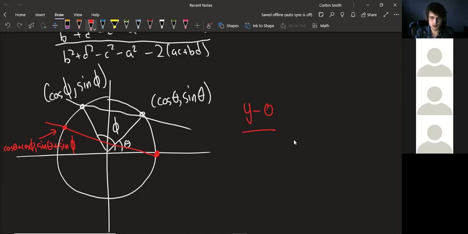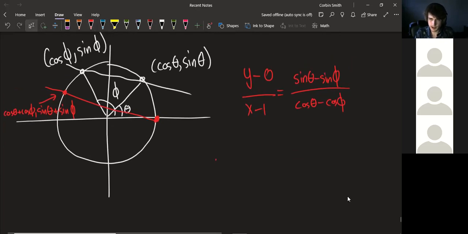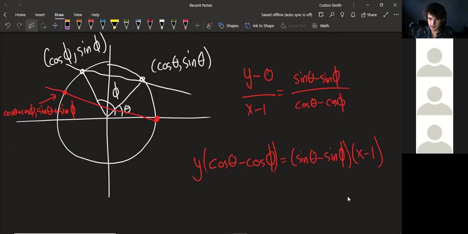Y minus 0 over x minus 1 is going to be equal to sine theta minus sine phi over cosine theta minus cosine phi. And so if we rearrange this, we get cosine theta minus cosine phi times y equals sine theta minus sine phi times x minus 1.